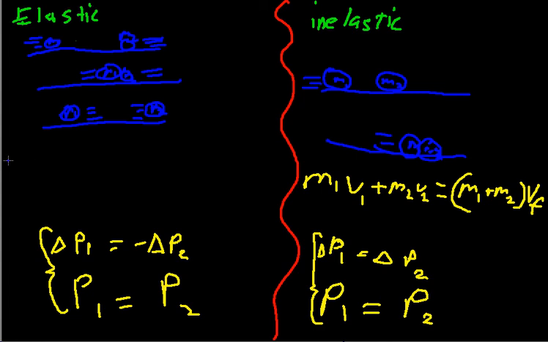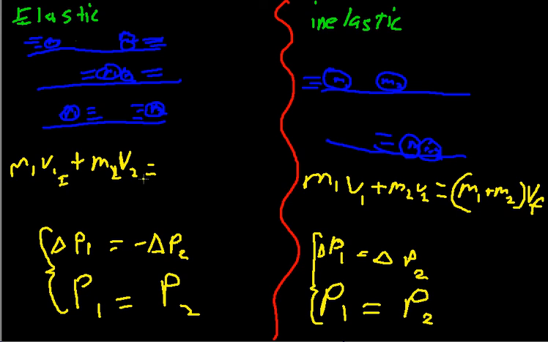So that means that in accordance to our conservation of momentum principle, the original momentum and the final momentum must be equal in the whole system. Now this is interesting because I'm going to put a second subscript here.